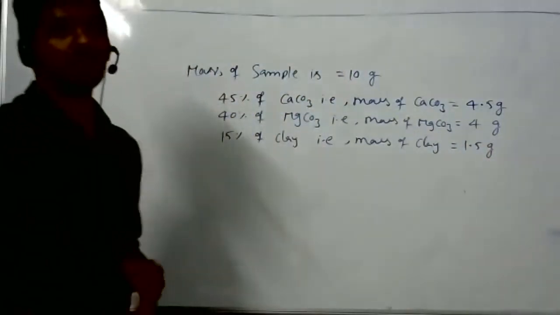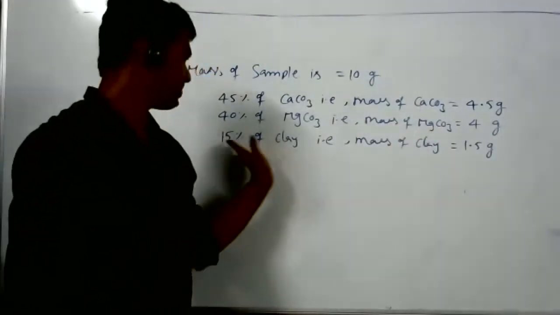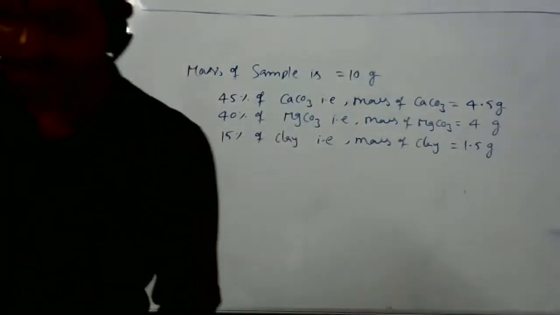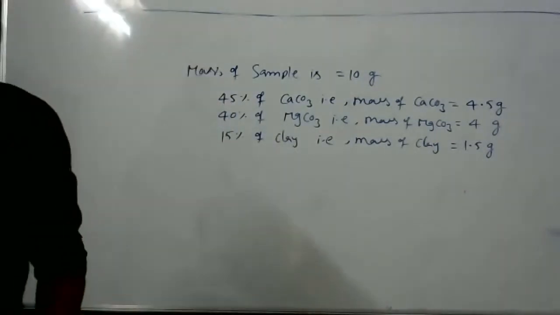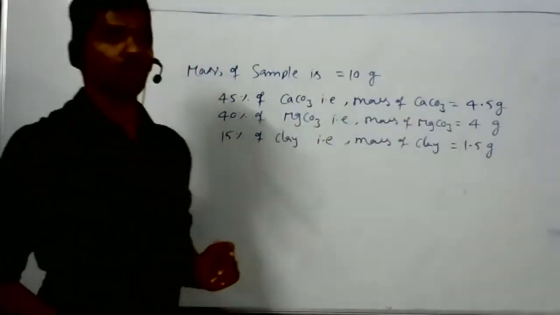Here H2SO4 only reacts with calcium carbonate and magnesium carbonate, not with the mud. The 15% of clay won't react. So we have to calculate only how much H2SO4 is required to react with CaCO3 and magnesium carbonate.